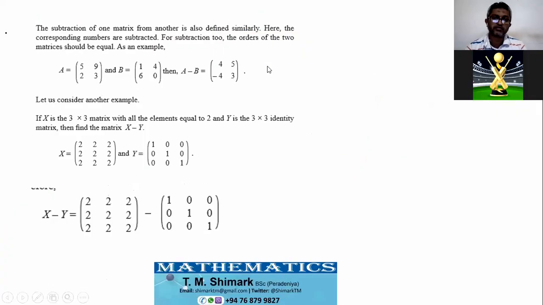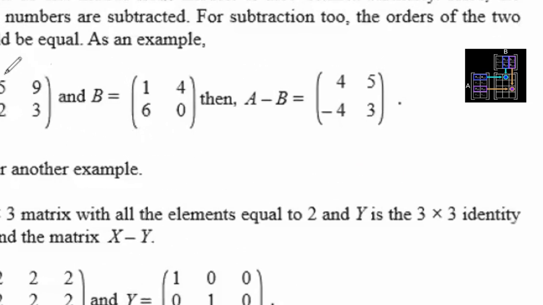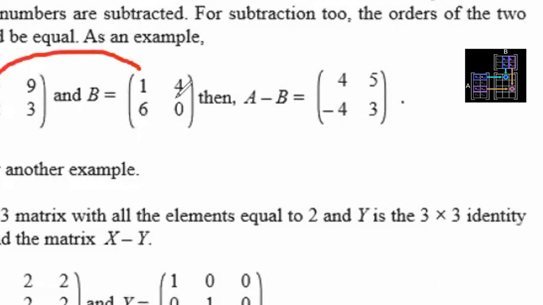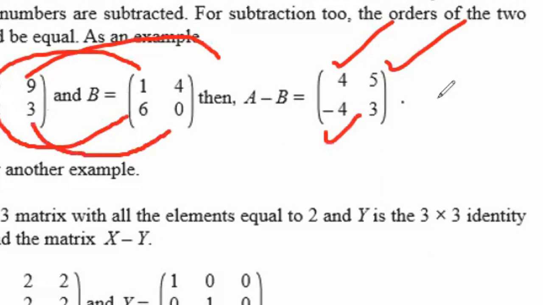This question comes up normally, past papers have had it. Now if I want to find the subtraction of this, A minus B, we can check: 5 minus 1 is 4, 9 minus 5 is 5, 2 minus 6 is minus 4, 3 minus 0 is 3.